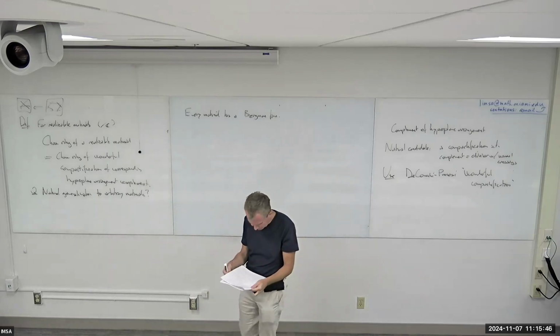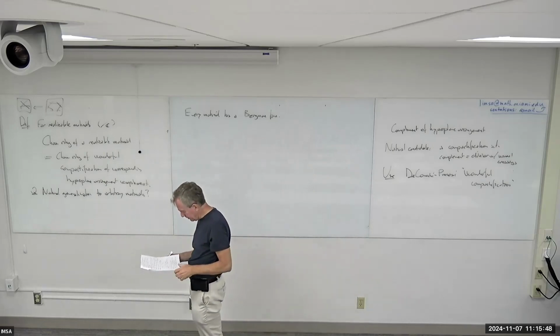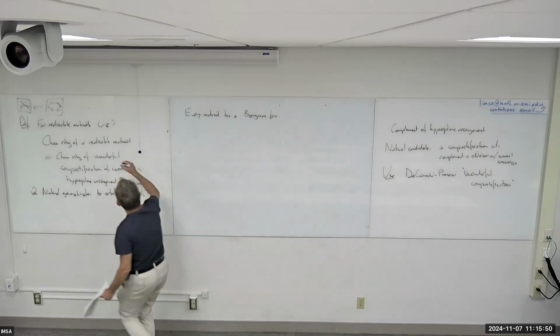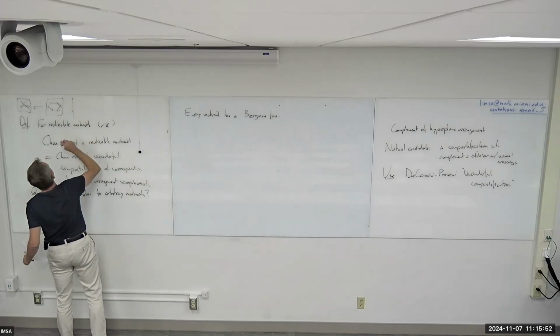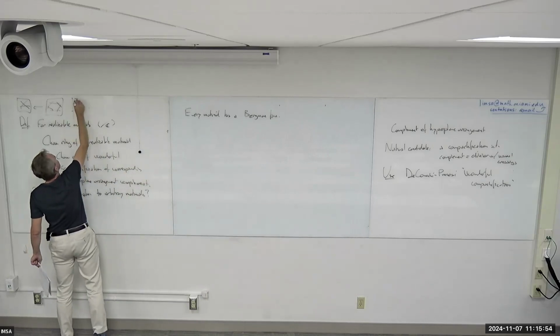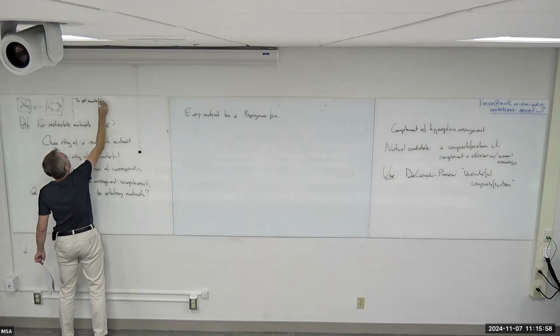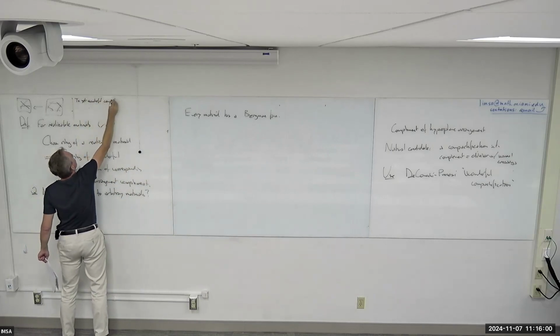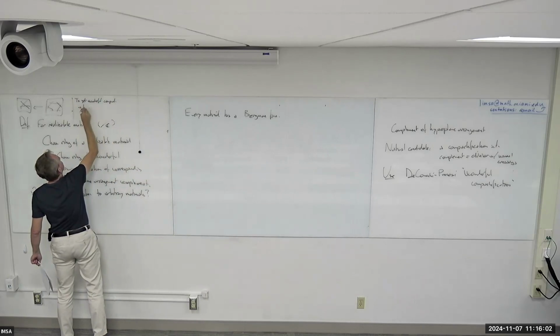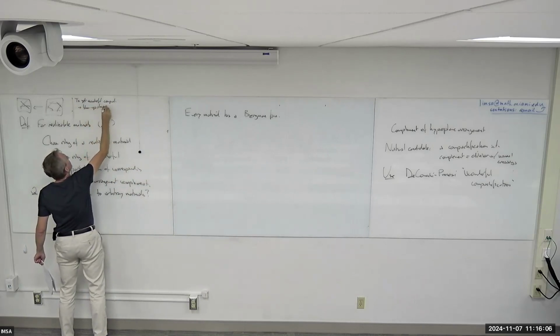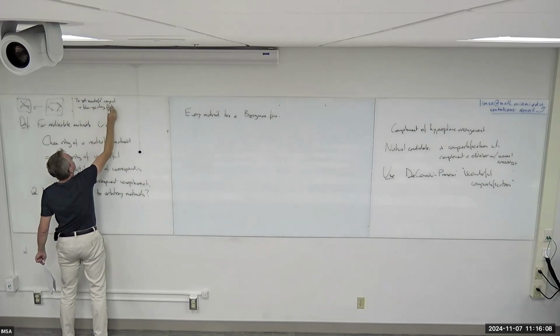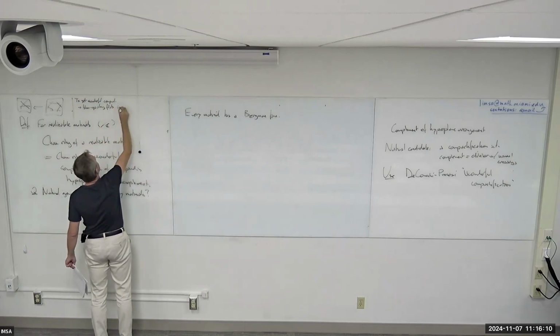I found it. So let me summarize it. To get the wonderful compactification, you blow up around all flats in order of increasing dimension.